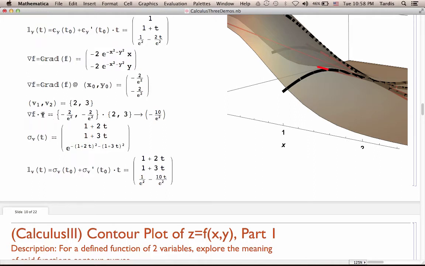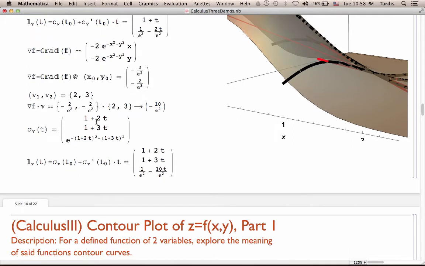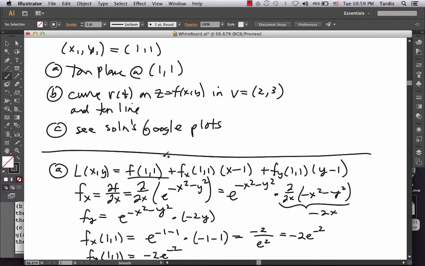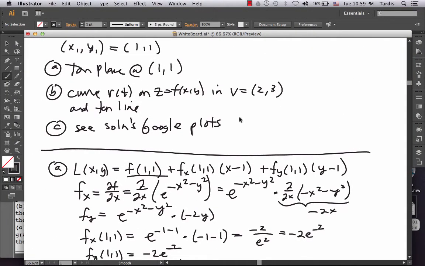Do the gradient dotted with that direction vector, and you get minus 10 over e squared. Here's your curve on your surface, and here is your tangent line. Okay. So that concludes this solution by hand.